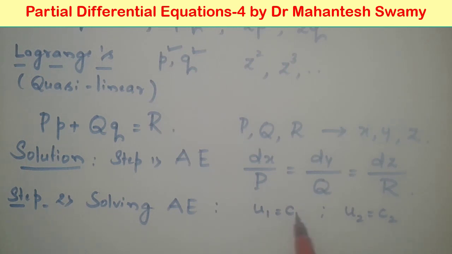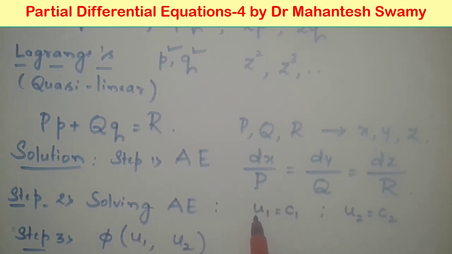So after having these two solutions in step number 2, step number 3 is to write the required general solution or the general integral of the given PDE. So how to write the general integral of the given PDE? It is to consider the arbitrary function phi of the first member u1 and the second member u2.